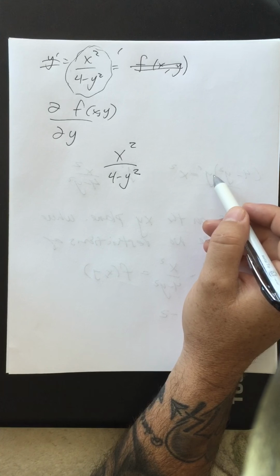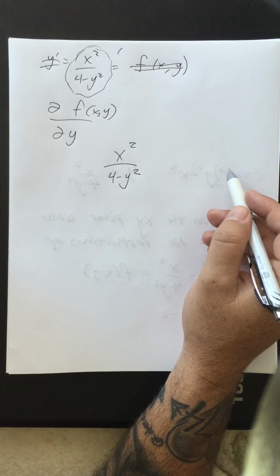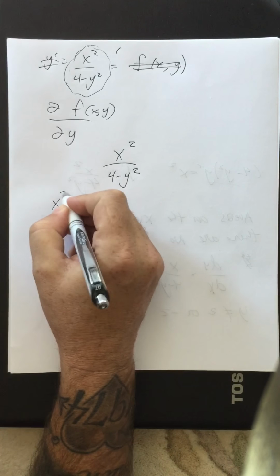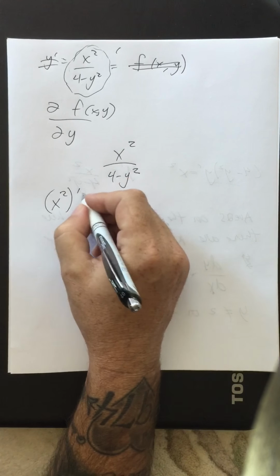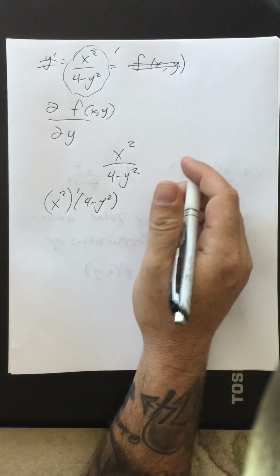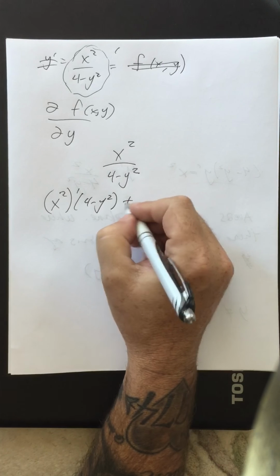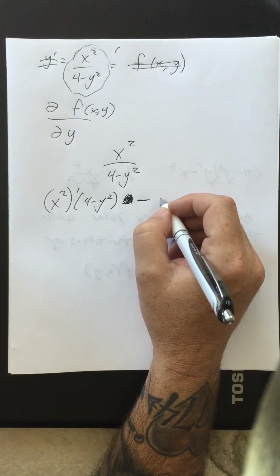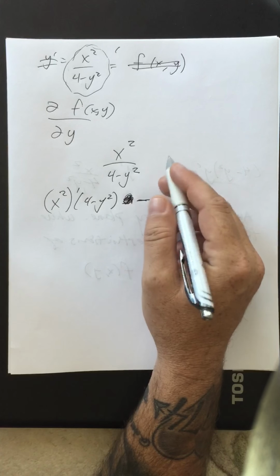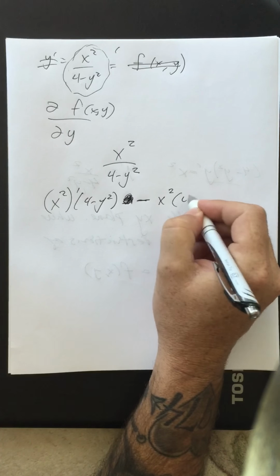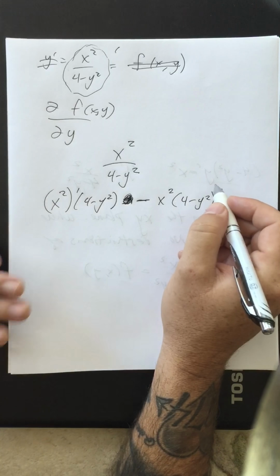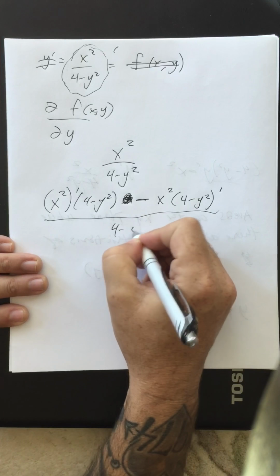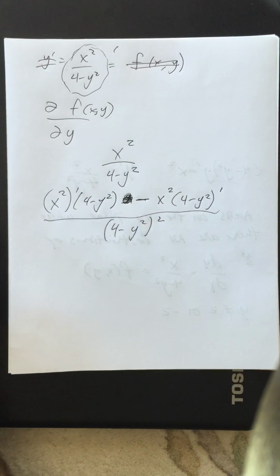So let's do the quotient rule. You can do it even if this is a constant. It doesn't matter. So we got the derivative of x squared times the bottom, 4 minus y squared, minus the numerator times the derivative of the denominator, over the denominator squared.